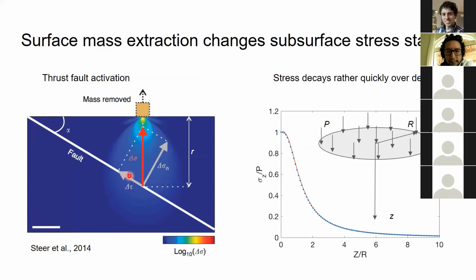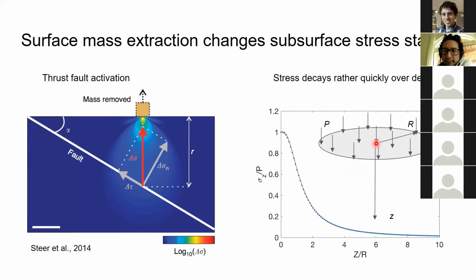Both of these effects tend to destabilize the fault and favor reverse faulting. And the change of stresses in the solid is usually quantified by a Boussinesq solution, which is basically a solution of the three-dimensional displacement and stress field inside the elastic half space induced by a point force on the surface.